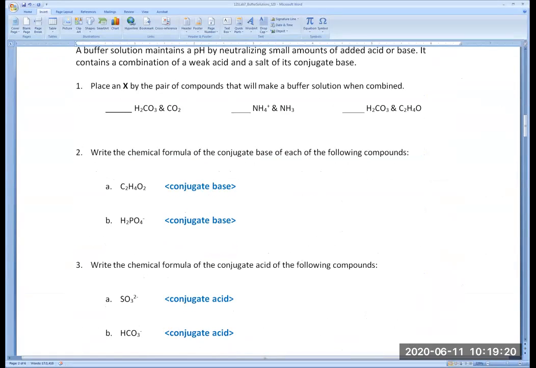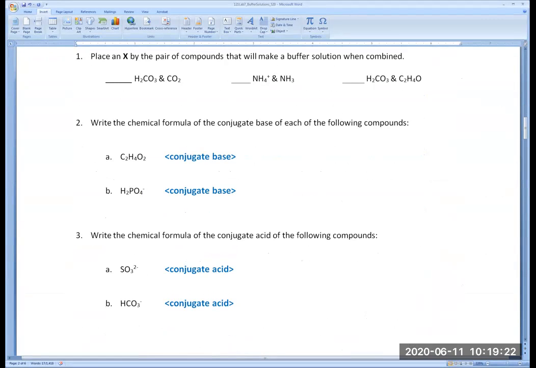Then question 2, write the chemical formula of the conjugate base of each of the following compounds. Here you have 2 formulas, and we need to find the conjugate base. That means these are acids, and you need to find the formula that they become when they donate their proton.